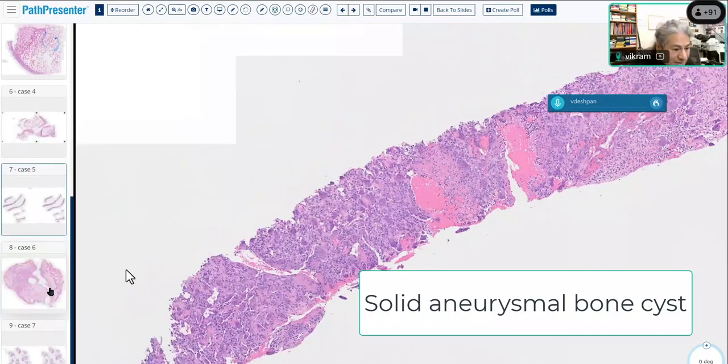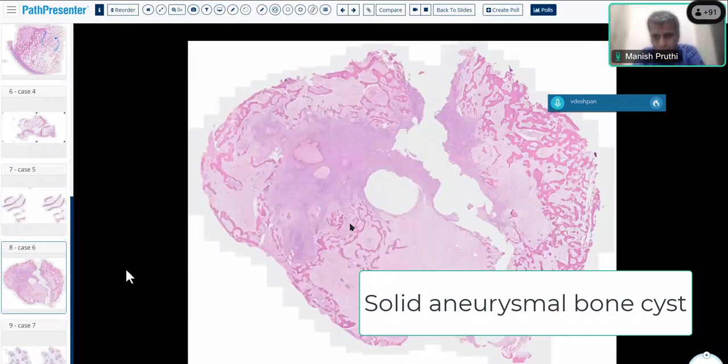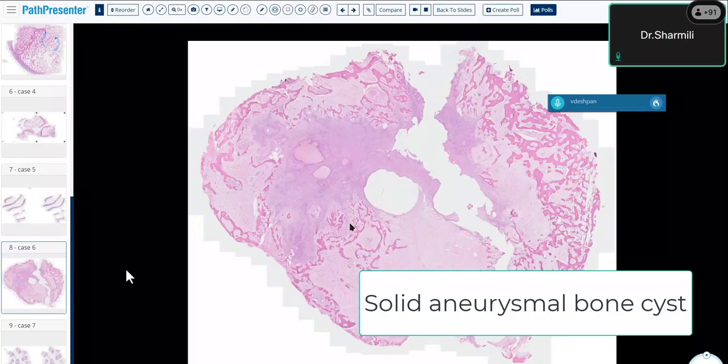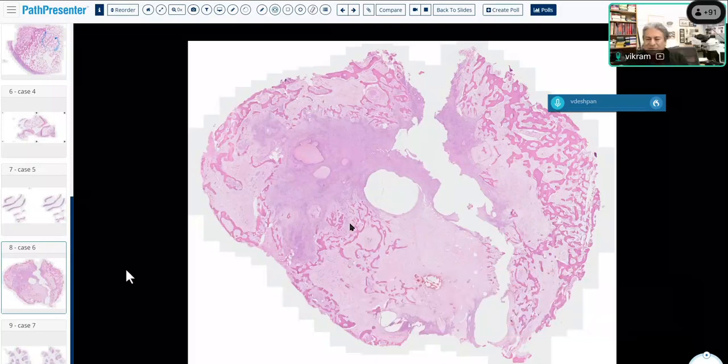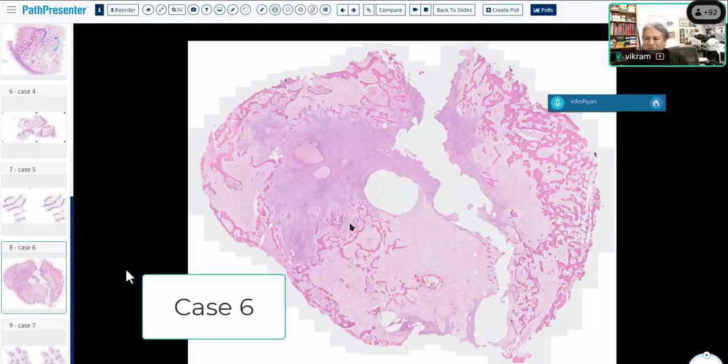So, sir, USP6 positivity in ABC is only in around 70% of cases. Correct, so not in all. So, was there any other feature suggestive of ABC here? Because if the USP6 had come negative, would you have still pointed to ABC? I think we would have been less definitive, but we didn't really have an alternative diagnosis, and it fit the solid ABCs. Some people use the word giant cell reparative granuloma, what we used to call in the hands and feet.